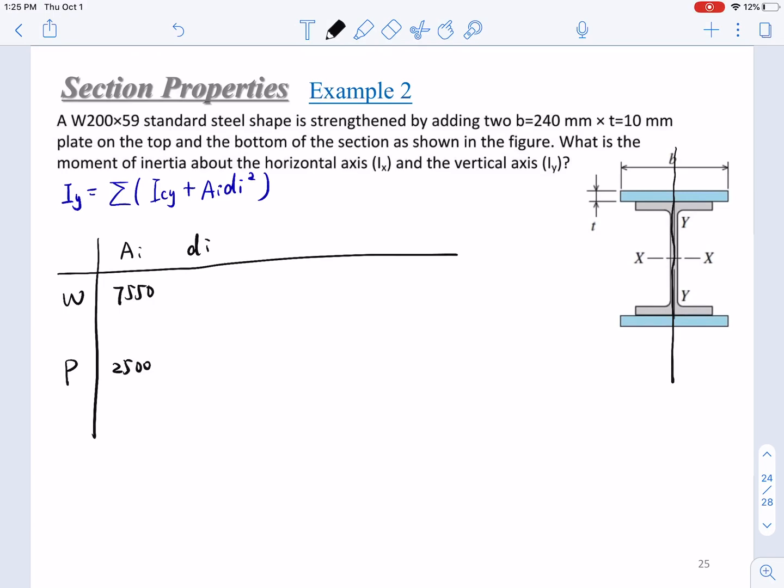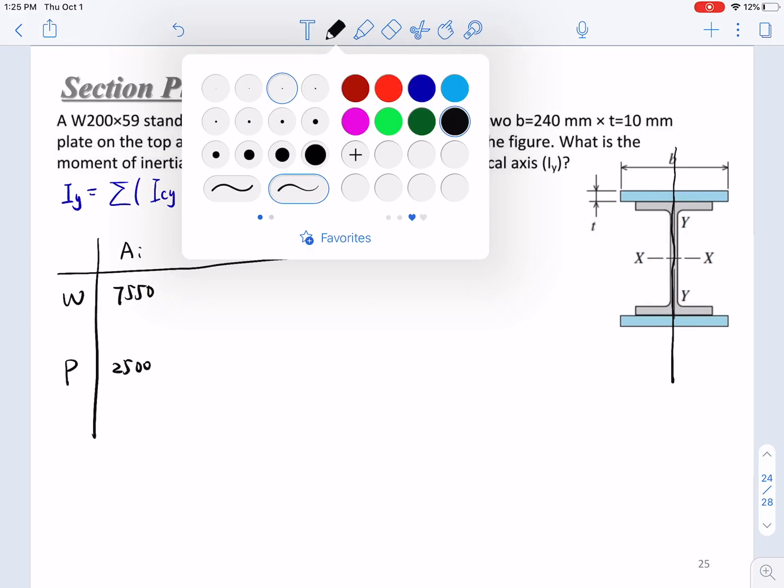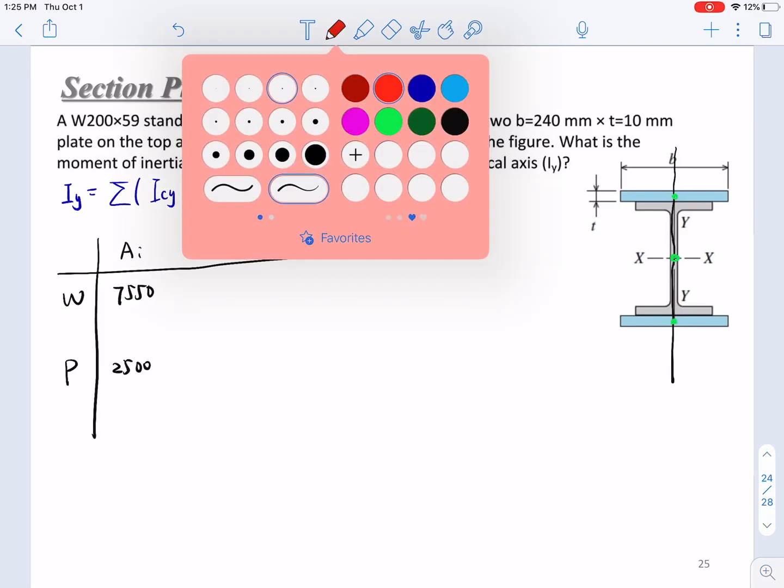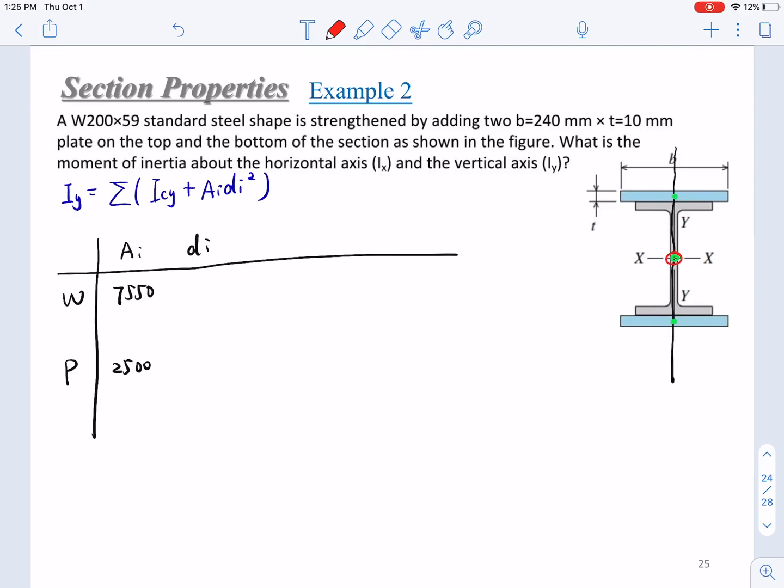Your local centroids are here, here, and here, and the overall centroid is just here, since they're all on the y direction. So what is the d_i? d_i equals x bar minus x.